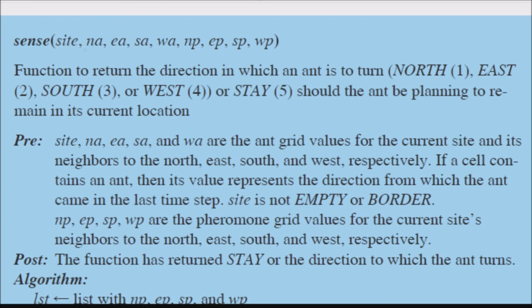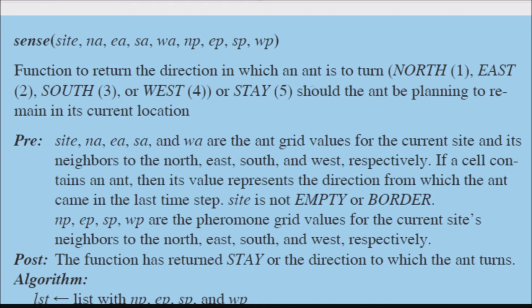So anyway, let's look at this. This is the site, and we have a bunch of variables here. We look at each of these, and the function returns the direction in which the ant is turning: northeast, southwest, or stay, right? So those are the 5 conditions.